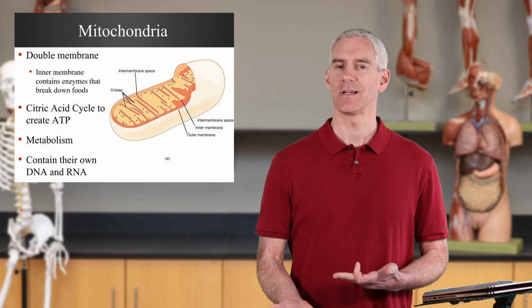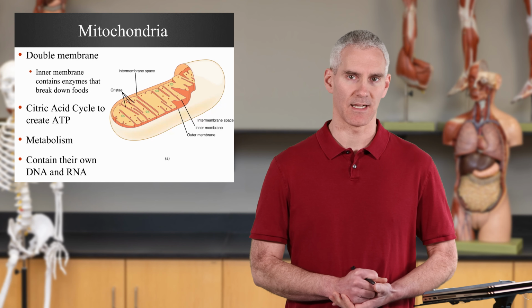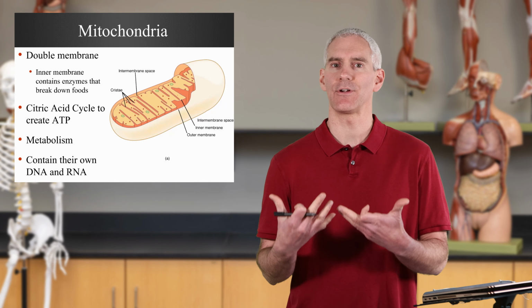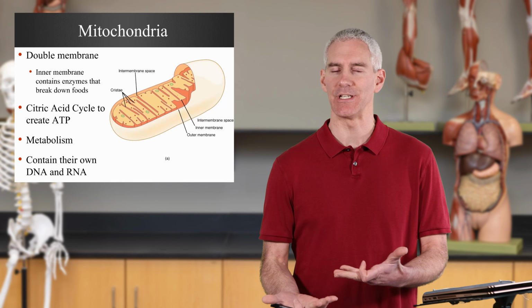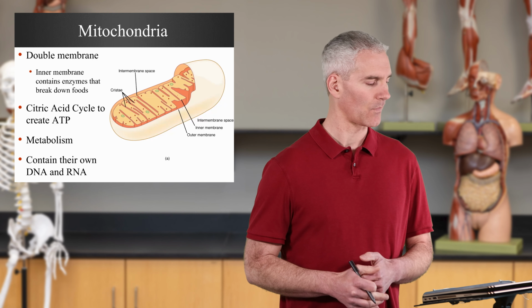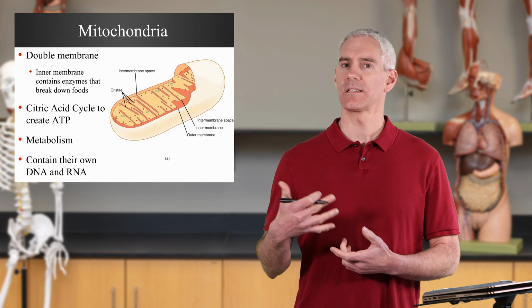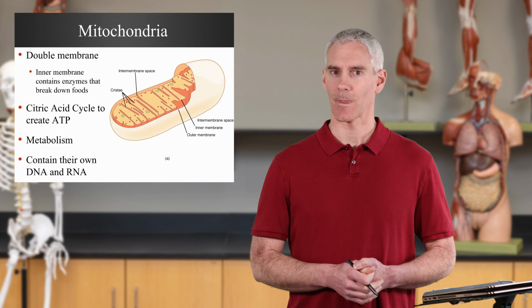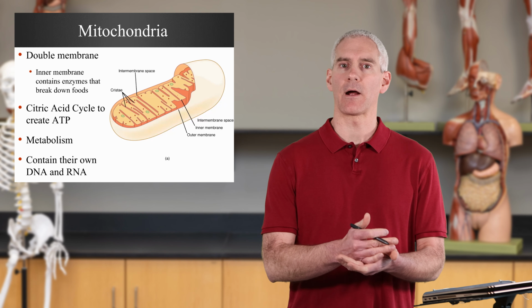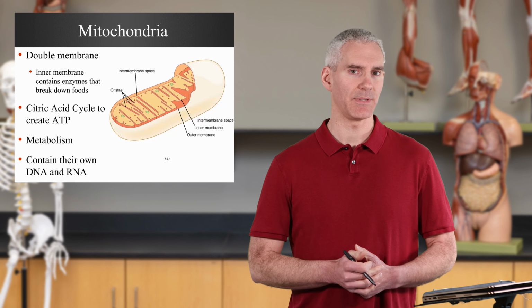The mitochondria is the powerhouse of the cell. It's what creates a lot of your ATP, a lot of your energy inside your cells. It's where you find the citric acid cycle, as well as the electron transport chain. Now, those will be parts of how you're producing ATP in the cell.